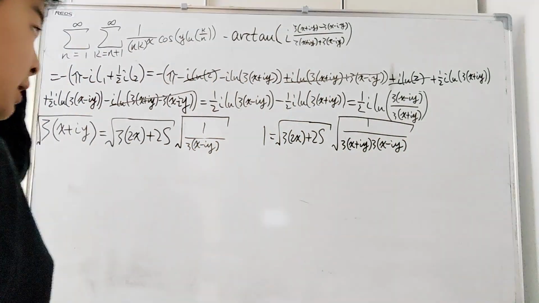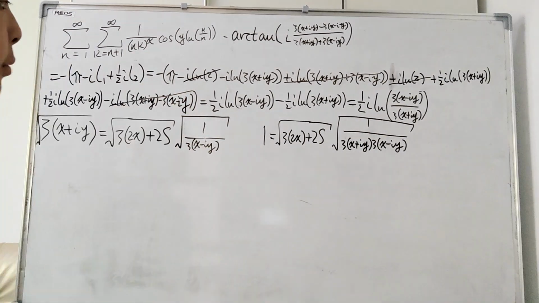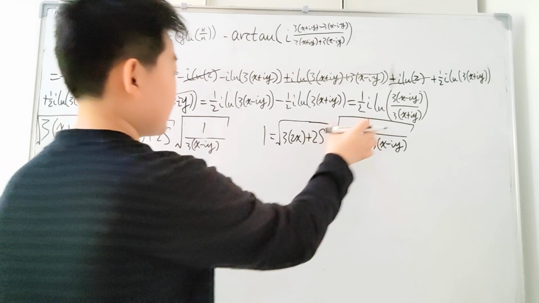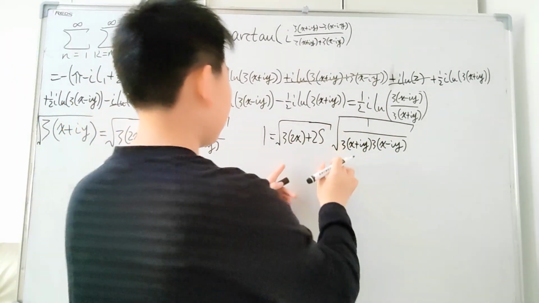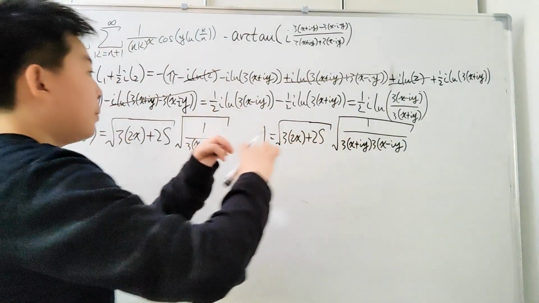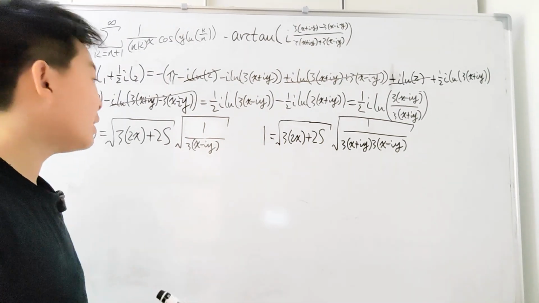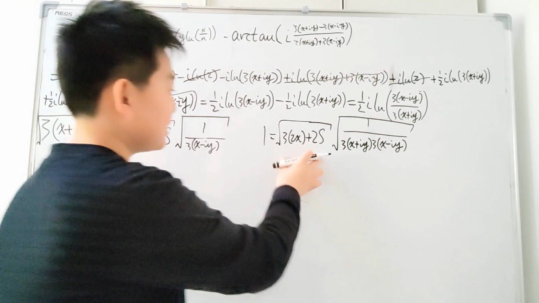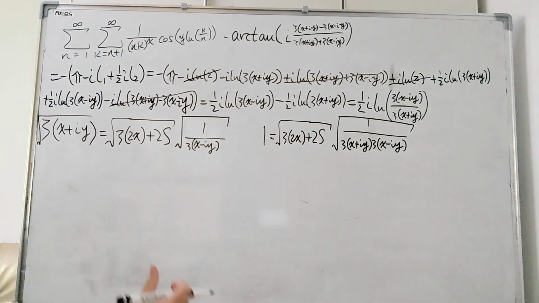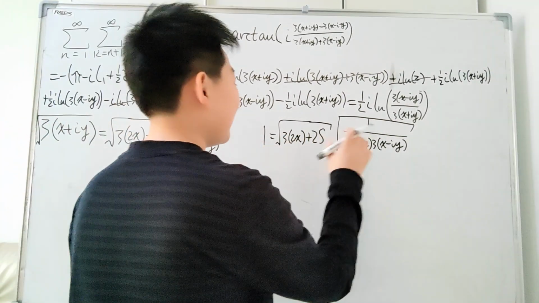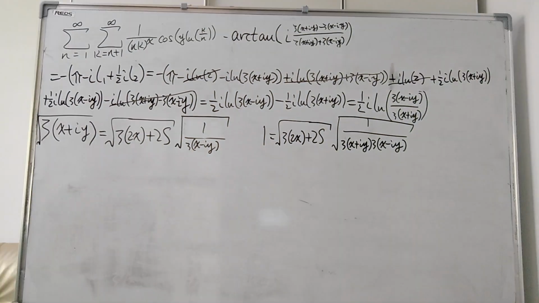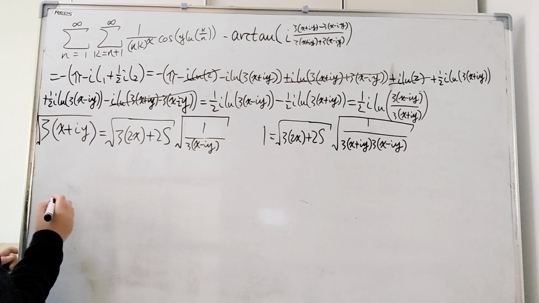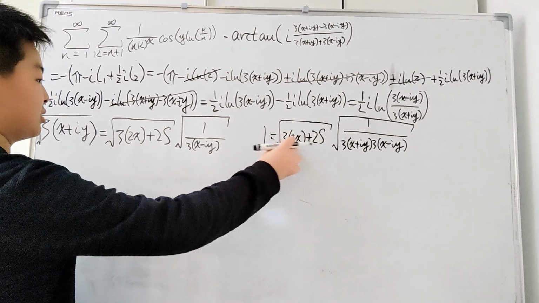Now we realize that we can move this to the top. So we have 1 equals the square root of this thing over that. Since 1 is positive, this over that is equal to 1, which means this is equal to that. So we're just going to subtract zeta of 2x.